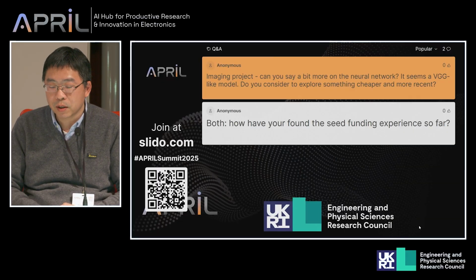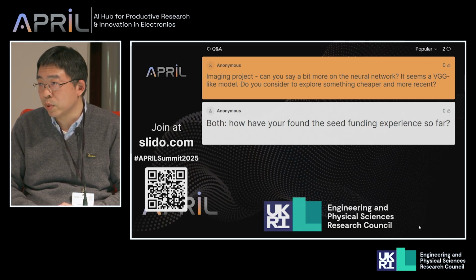Yes, for the neural network, currently I'm using the ResNet, shallow ResNet. Actually it can be viewed as one of the VGG, because we know the VGG neural network was developed by the research group at Oxford. So we also use this in image processing, but we view this as a fundamental architecture.